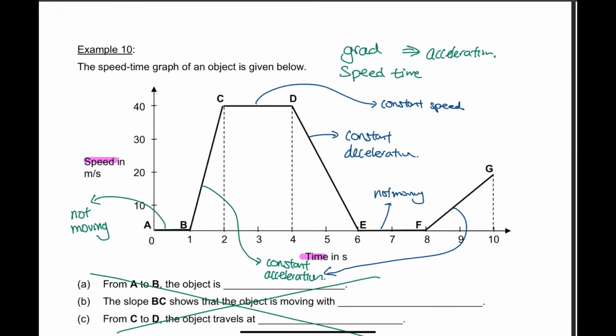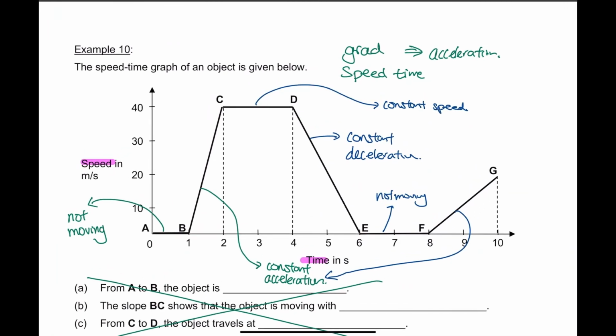Let's take a look at the next object. Example 10. My speed down here is 0, so therefore it tells me that it is not moving. This line down here, BC, is a straight line that is pointing upwards. The gradient is a positive value, and the gradient does not change.